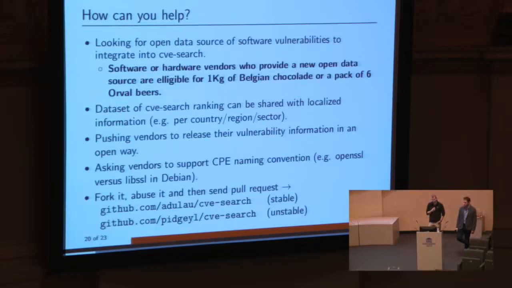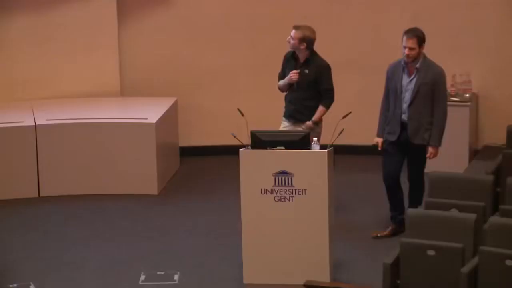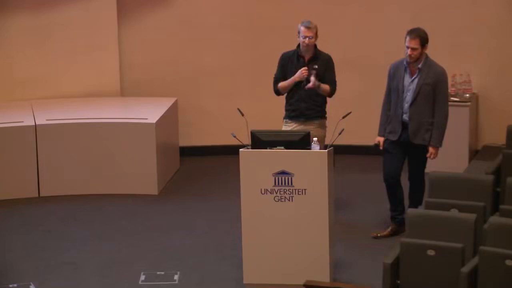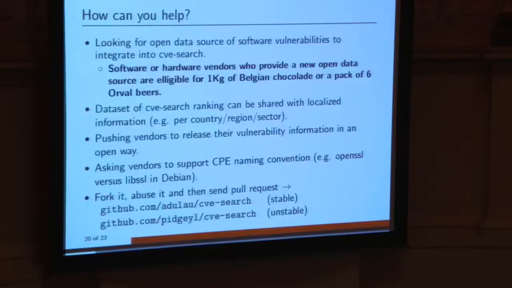So we want to give a little challenge for you or for vendors. If a new software vendor or hardware vendor provides an open data source feed that is easily parsable, they are eligible for either 1 kilogram of Belgian chocolate or a pack of 6 Orval beers. For the beers, it could be negotiable to other beers if needed. But that's, for us, really important.